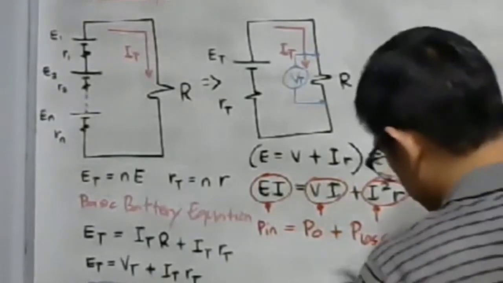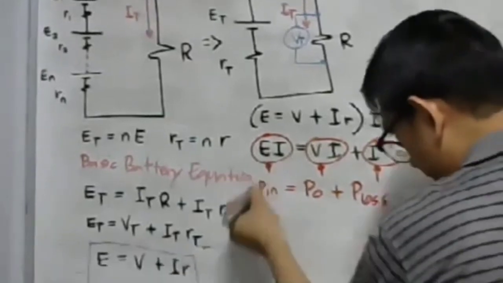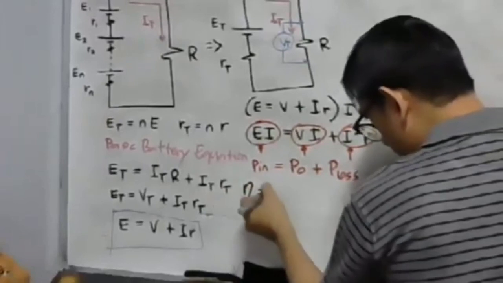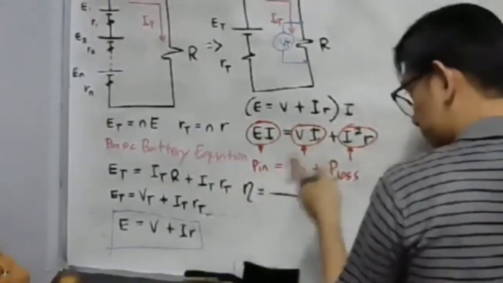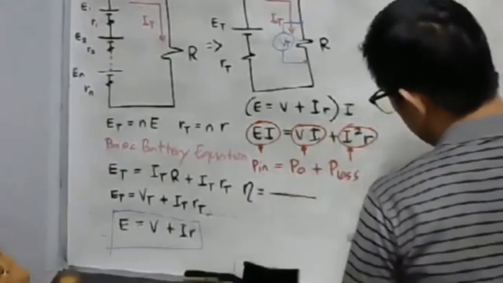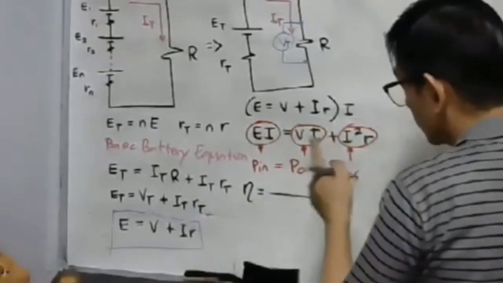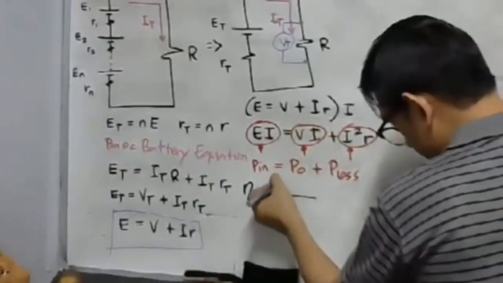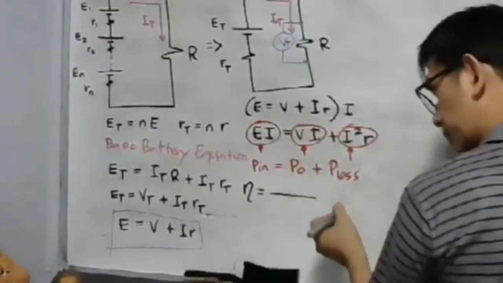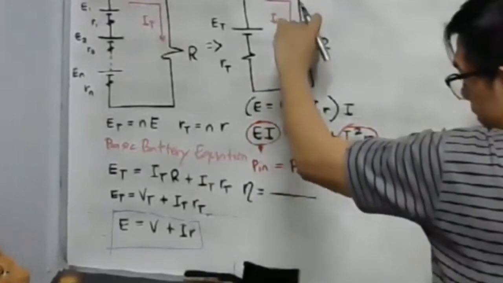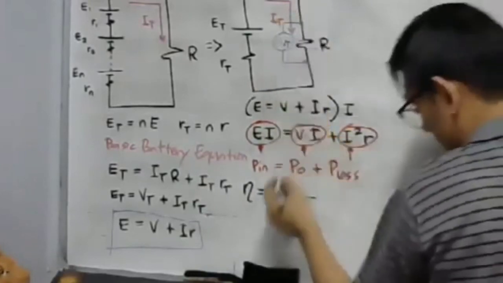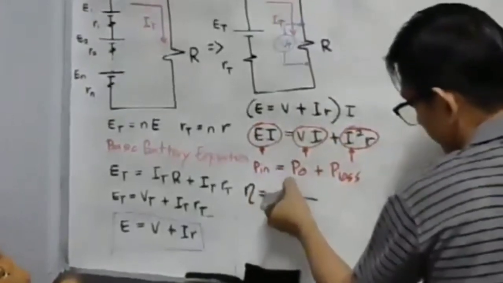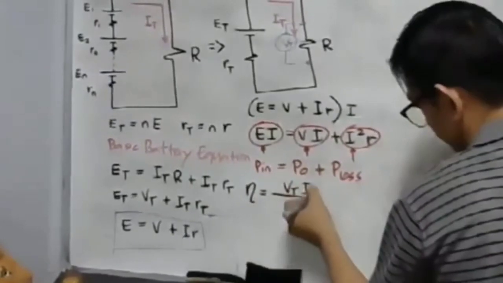So, we have here the formula for the efficiency of a battery. Again, it is the power output over power input. What is the power output in our battery? The power output is simply the power here at the load side, which is equal to Vt multiplied by It.